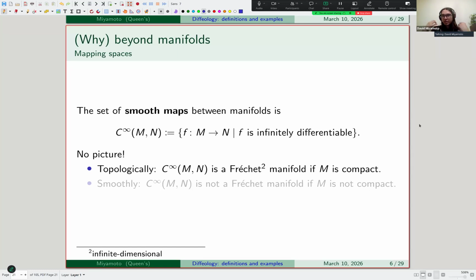But that's only if M is compact, and in any case, it's still infinite dimensional. Of course, M could very well not be compact. It could be the plane or a real line, and then already this space would not have a natural Frechet structure. By natural Frechet structure, I mean a Frechet structure where, for example, you might have some exponential law holding, and we'll talk about the exponential law in the future.